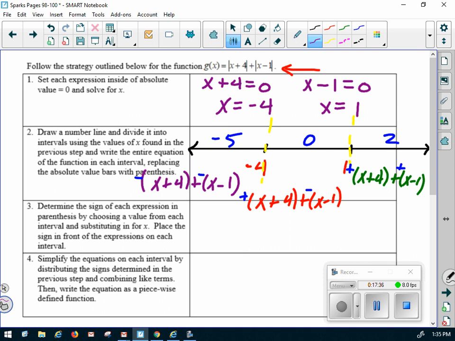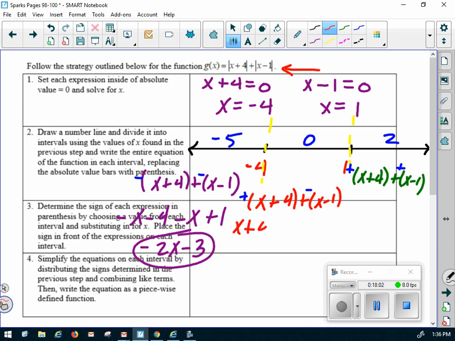On this purple one, I'm going to distribute a -1. So I'm going to have negative x minus 4 minus x plus 1, which gives me what? Negative 2x minus 3, is that right? The middle one, I'm going to distribute a positive 1 on the first set of parentheses and a -1 on the second set.